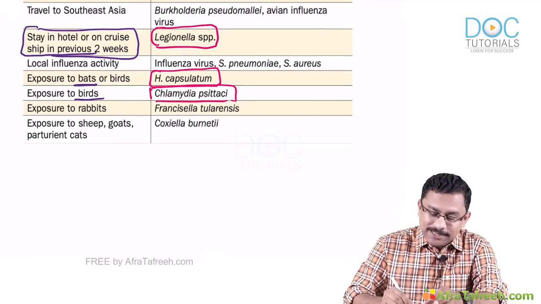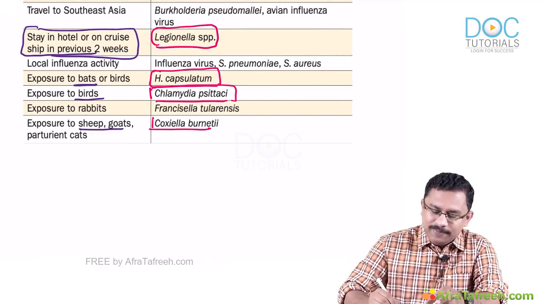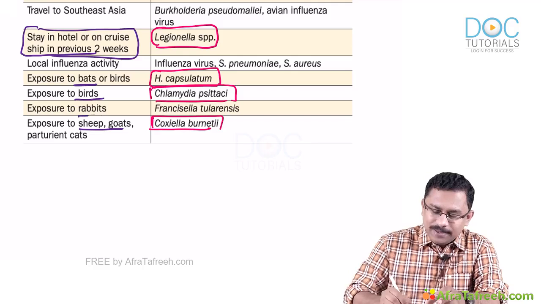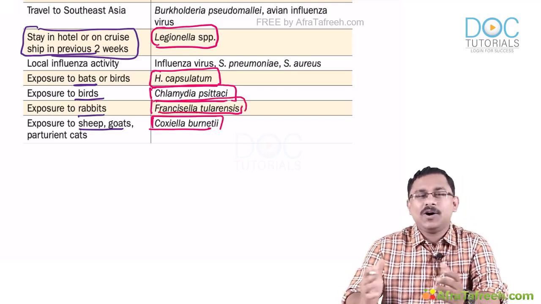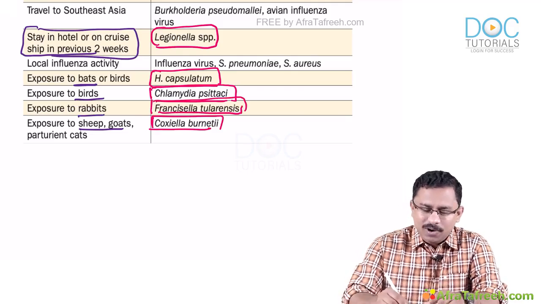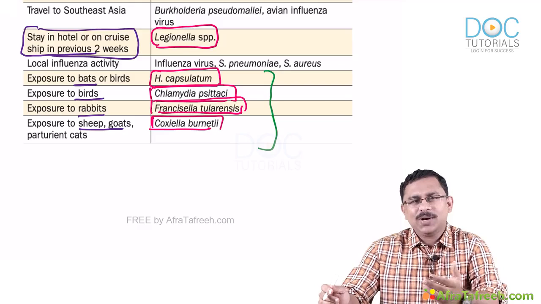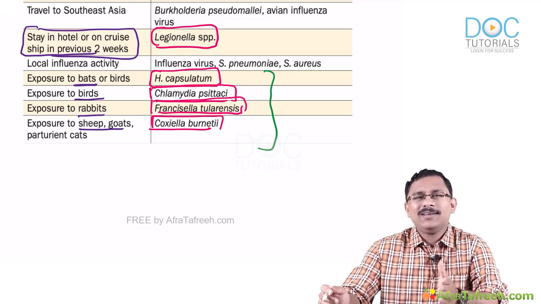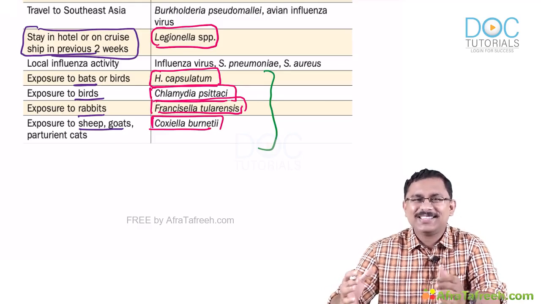Then exposure to sheep, goats, you will think of Coxiella. And when you think of rabbit exposure, Francisella tularensis is the organism that can cause it. Now all these last ones can again probably be asked as factual questions. I cannot totally rule out this being asked as a question, because some examiners might be interested in such fancy questions.